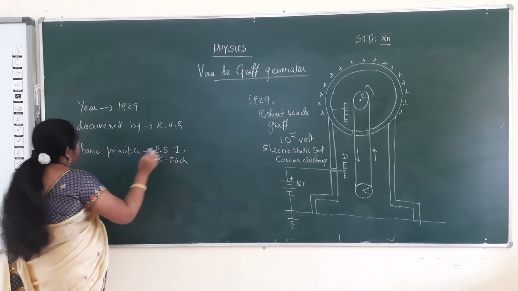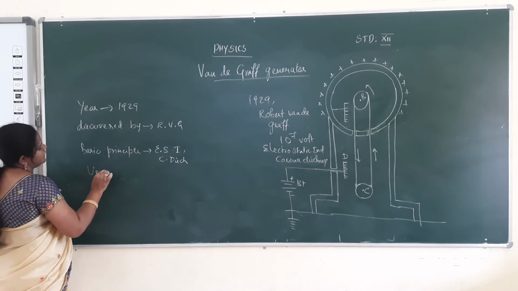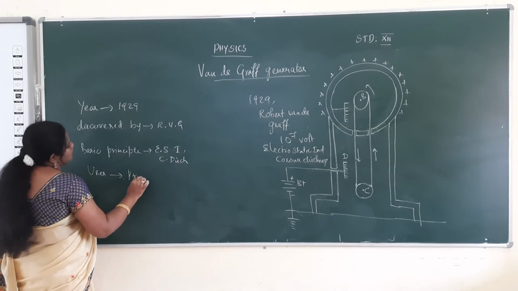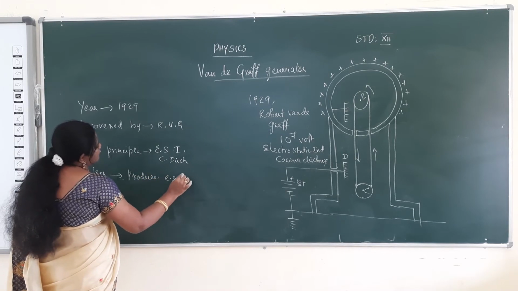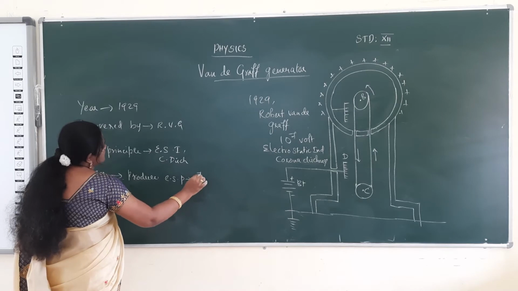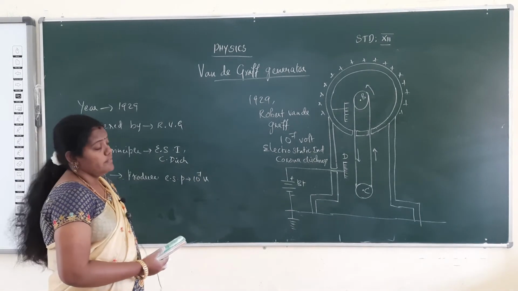Its use is to produce an electrostatic potential up to the level of 10 power 7 volt. So this is the electrostatic induction Van de Graaff generator.